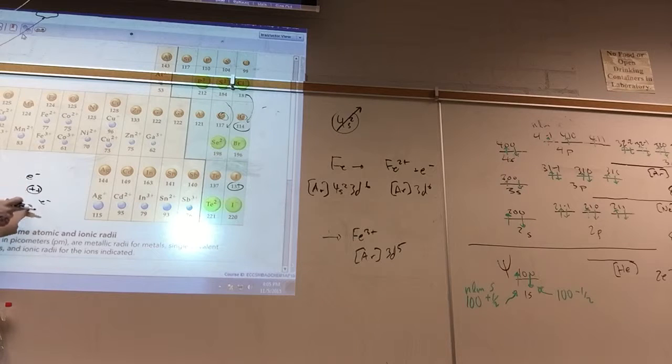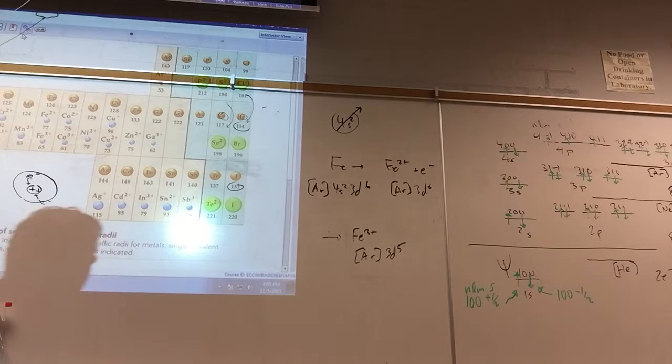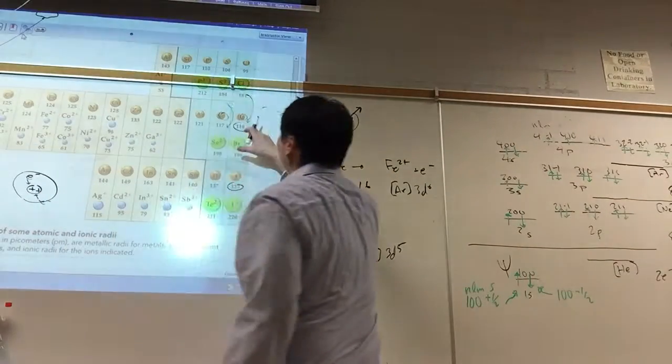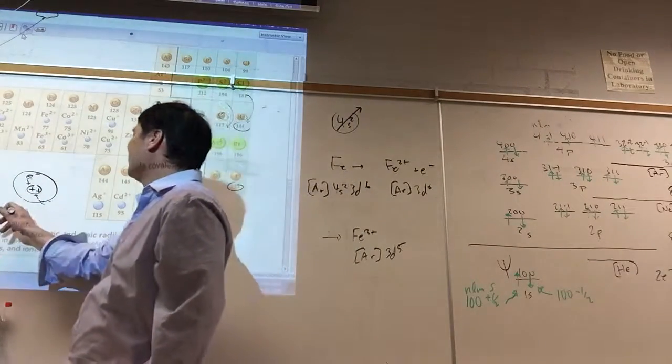No, because they're in the same shell. If there are 2 protons here, then this electron is going to be pulled in, and this electron is going to be pulled in. And so it turns out that hydrogen is going to be a lot bigger than helium, because helium is going to pull in. And so we have a higher Z effective. We add a proton and we add a same shell electron, which means it's smaller. Z effective goes up. And so helium is going to be about 100 picometers.